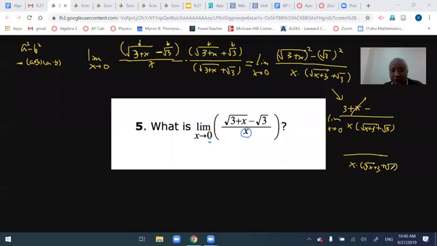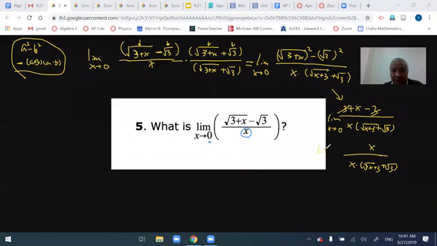So this is a 3 like this. And then if you times the conjugate, you use the difference of squares formula here, you got this one minus 3. And then from there, you can see this, what will be canceled, right? So this 3 canceled. So you have x here.